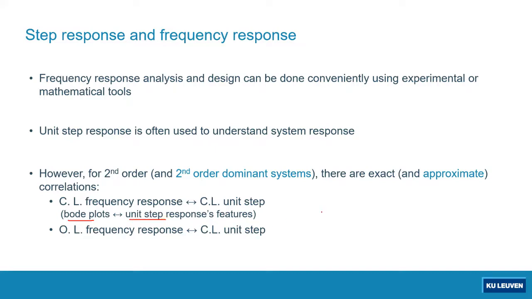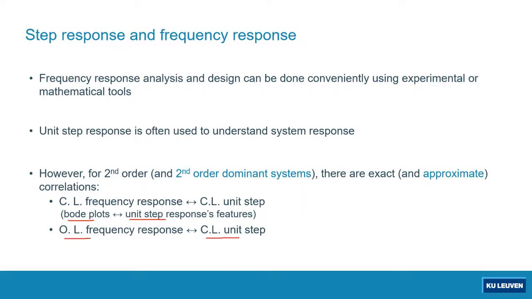In the second part, we will investigate how to correlate the unit step response of a closed loop system based on the Bode plot or the frequency response function of its open loop transfer function.